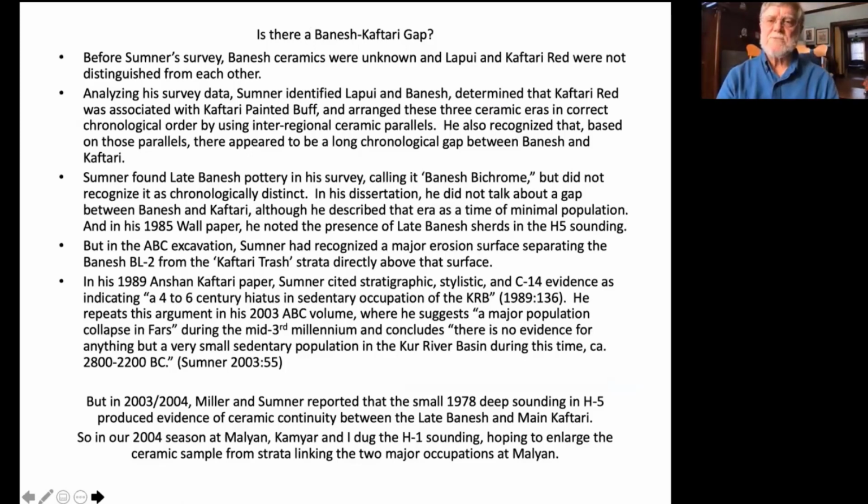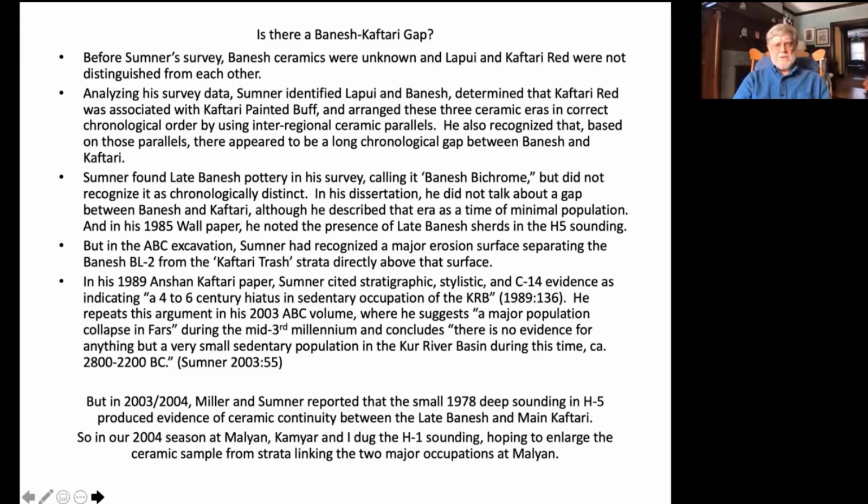The slide is a review of the history of where the idea of a gap came from. And in the end, to try to resolve that question, or at least learn more about it, in 2004, Kamyar Abdi and I dug a 2x3 meter sounding in the H1 square at Malyan.